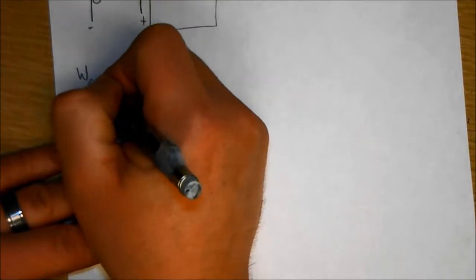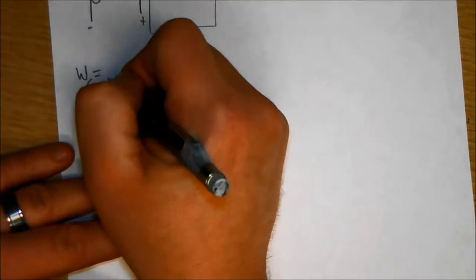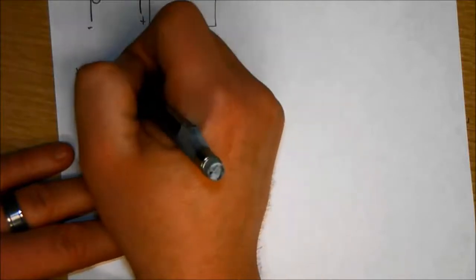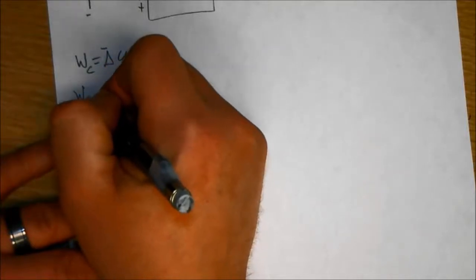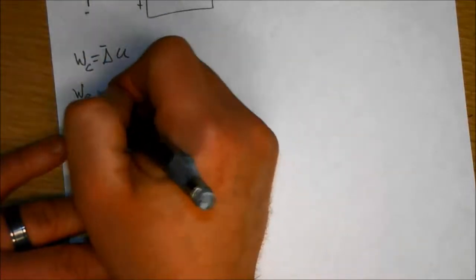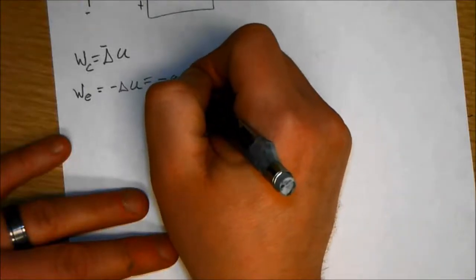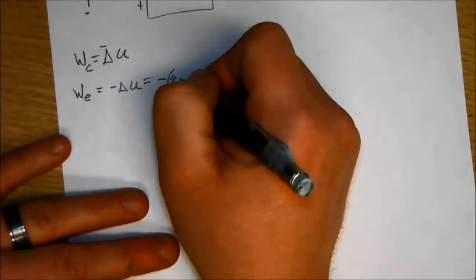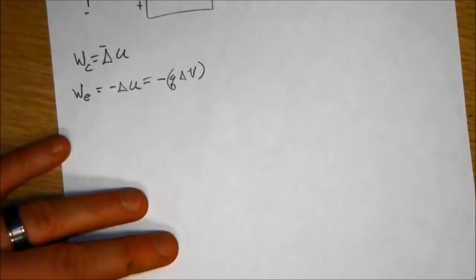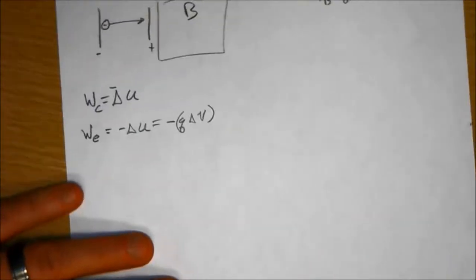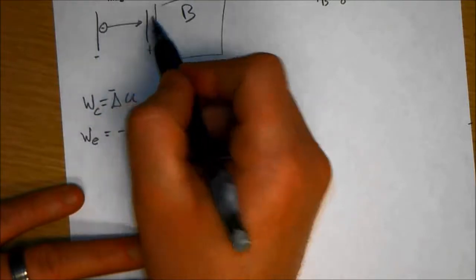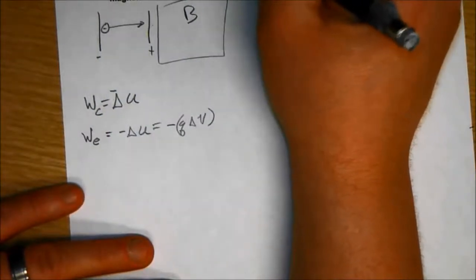Probably the easiest thing is to say that the work of a conservative force is equal to the negative change in potential energy. That's always true. In this case, the conservative force is the electric force, so this equals the negative change in potential energy, and that equals negative Q delta V. As the electron is accelerated, QV must be greater than 0.